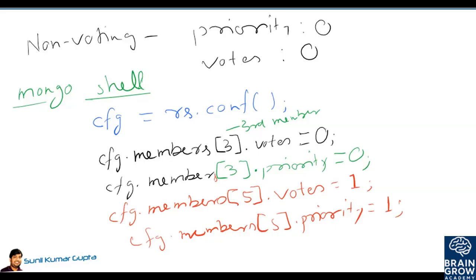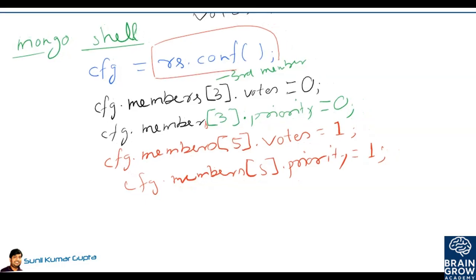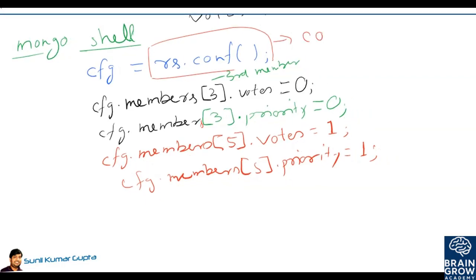Now the question comes: suppose we have configured this with rs.conf, right? We have used this function to get the configuration. Suppose I have configured and I want to reconfigure.